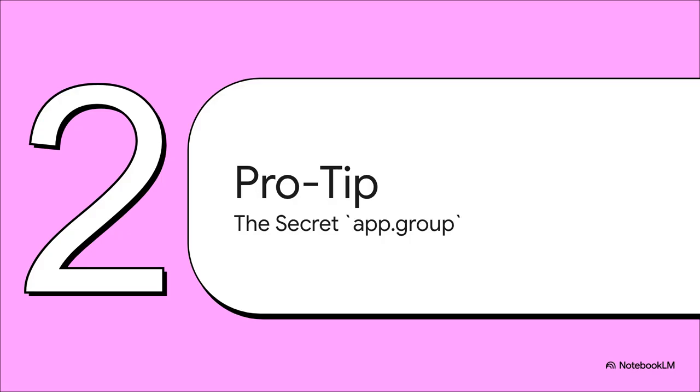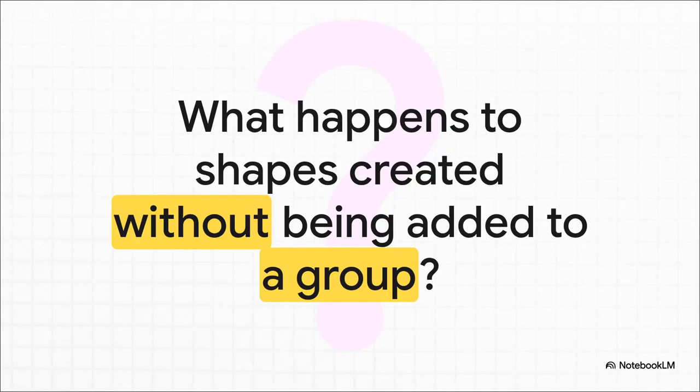Instantly. Okay, let's keep moving because all this builds up to a really important pro tip. And trust me, this is one of those things that will save you a ton of confusion and headaches later on. So here's a question for you. What happens if you just create a shape, but you don't use .add to put it in a group you made? Where does it even go? Well, did you know that Python is actually organizing your shapes for you automatically in the background?